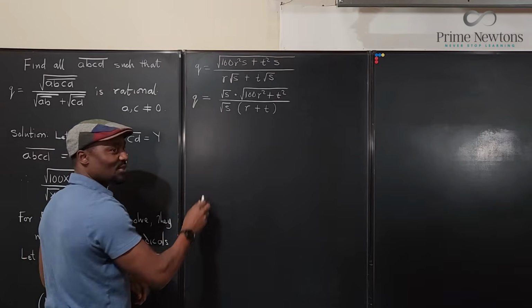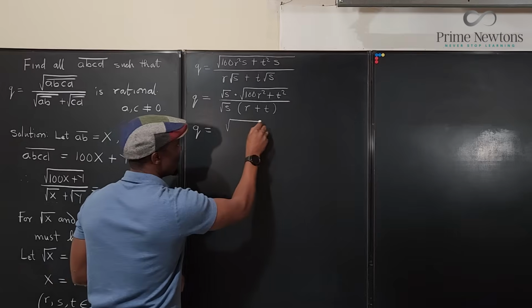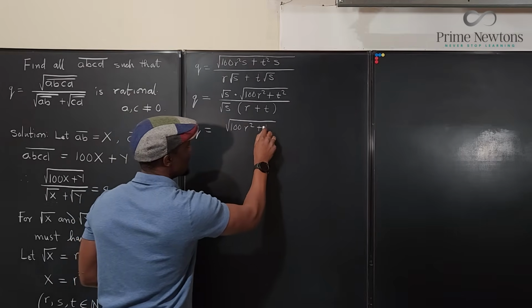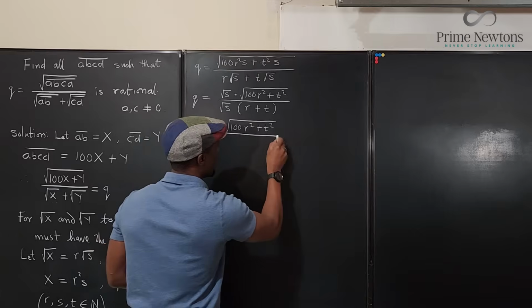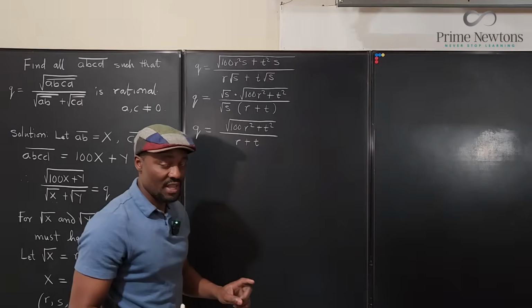This cancels this, so that Q is just the square root of 100 R squared plus T squared divided by R plus T. We're almost there.